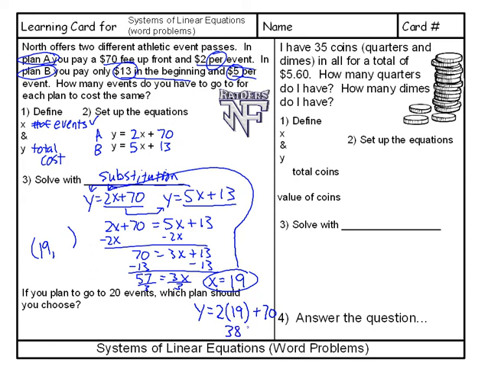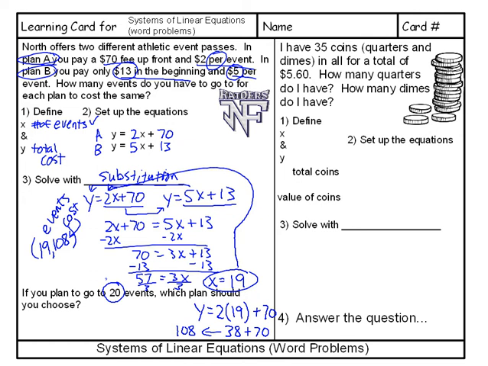I've got 38 plus 70, or 108. So at 19 events, both of them are going to cost $108.